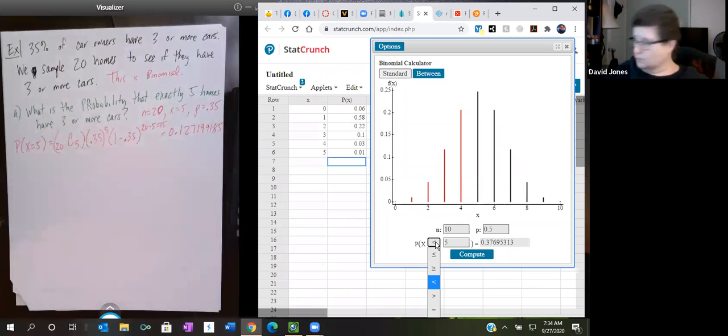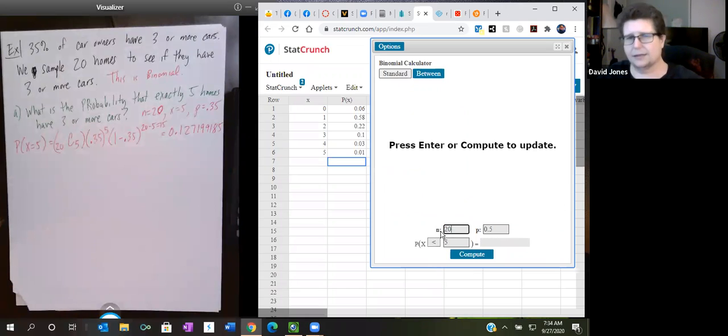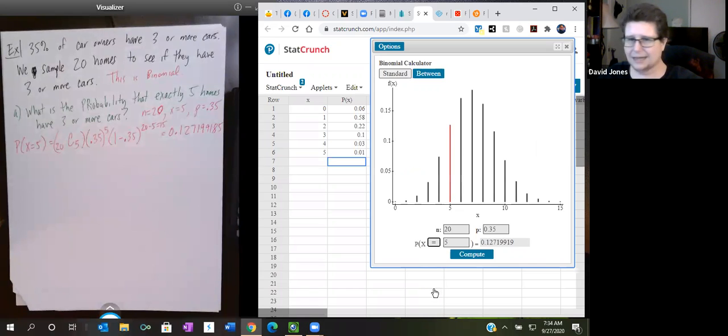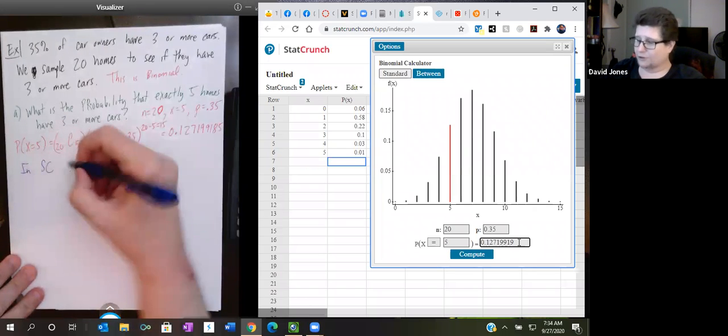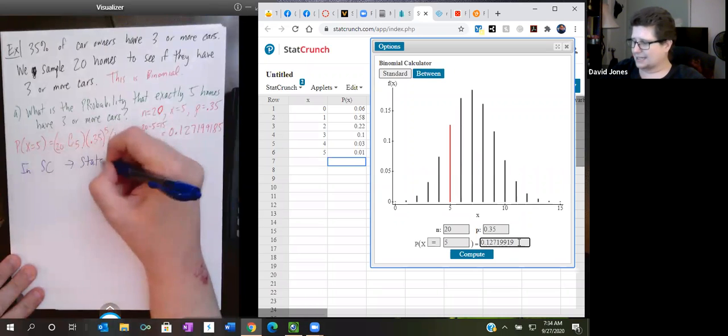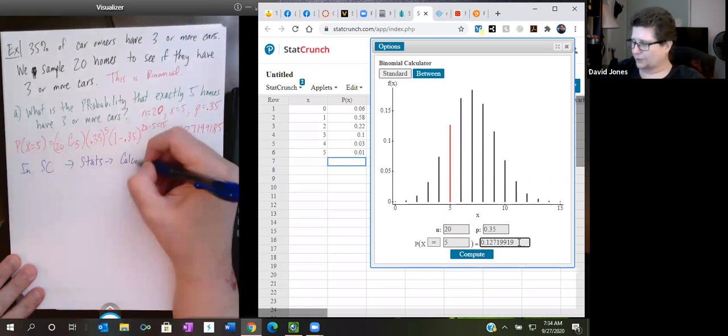In Statcrunch, what do we get? I'm doing n equals 20. The probability of success is 0.35. And I want to know the probability that x equals exactly 5. Look at that. Just spits it right out. No chance of screwing it up on a calculator. In Statcrunch, all I enter is, well, first off, you got to remember you're going to go to Stats, Calculators, Binomial.